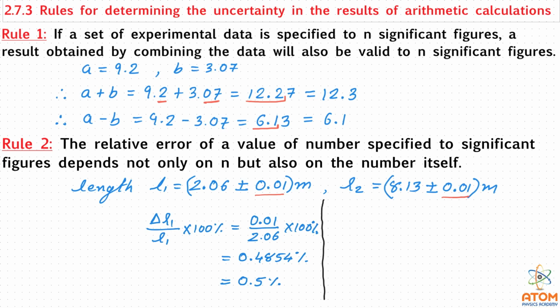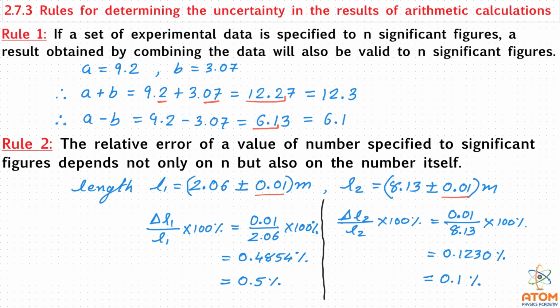And if I talk about L2, then the percentage error is delta L2 upon L2 into 100%. That means 0.01 divided by 8.13 into 100%. That gives us something like 0.1230 percent, and this we can reduce to the first decimal place, so it will be 0.1% only.